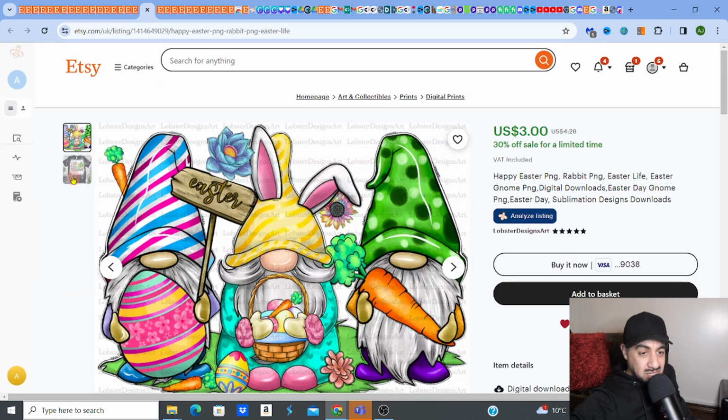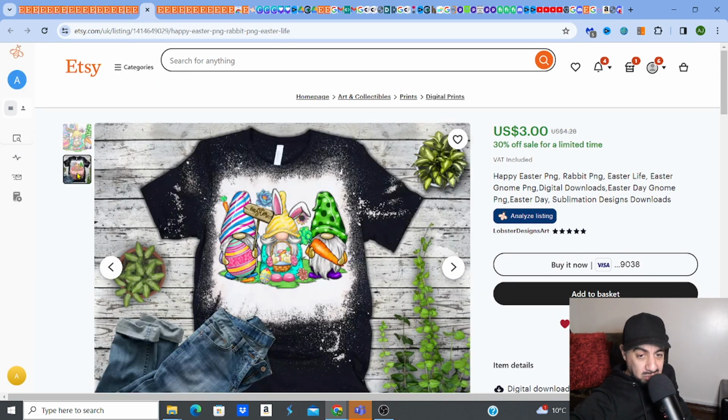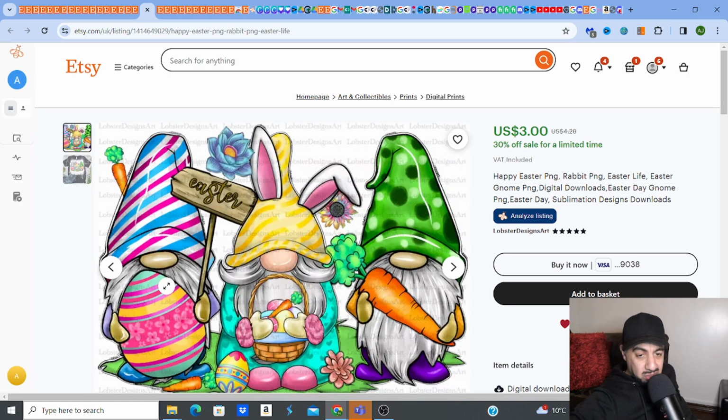And this is like one design. Look, it's just showing you one design that can go on a t-shirt. And again, it's three gnomes. You got an egg, you got a carrot, again, and the bunny ears. So Easter related gnome design.